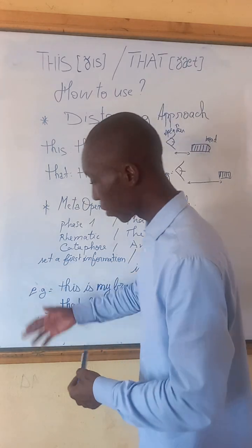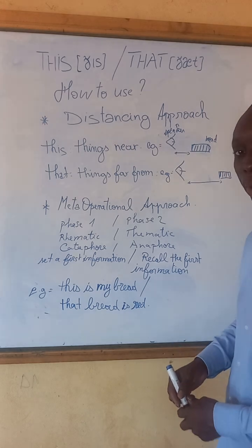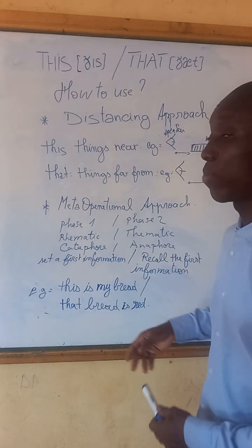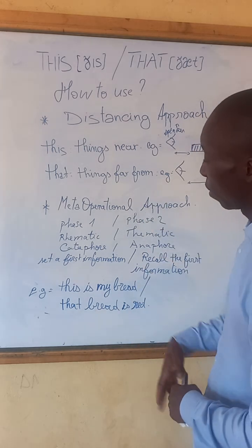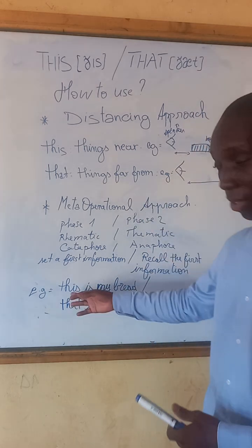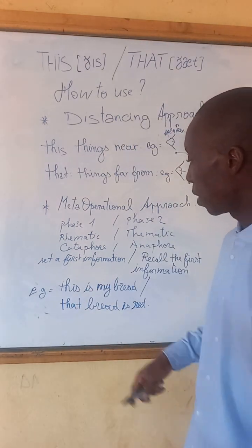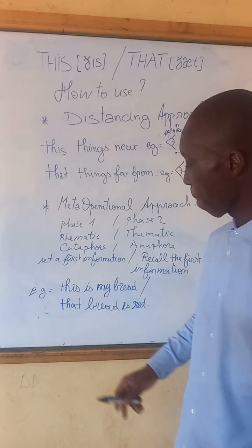So we can look at a simple example. This is my bread. Okay, I simply use the same sentence or the same icon here. This is my bread. This here, in such a case, is used because it simply comes to set a first information.